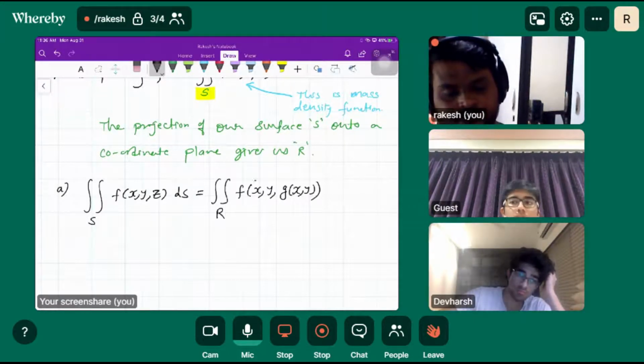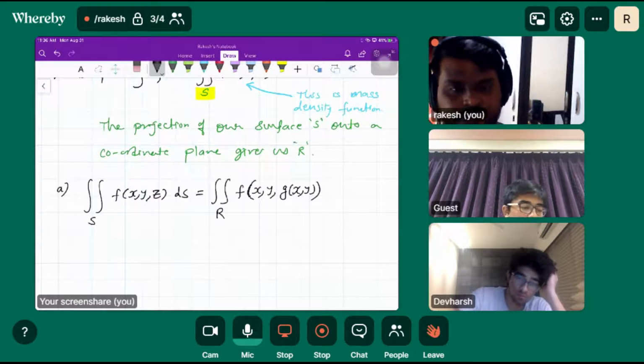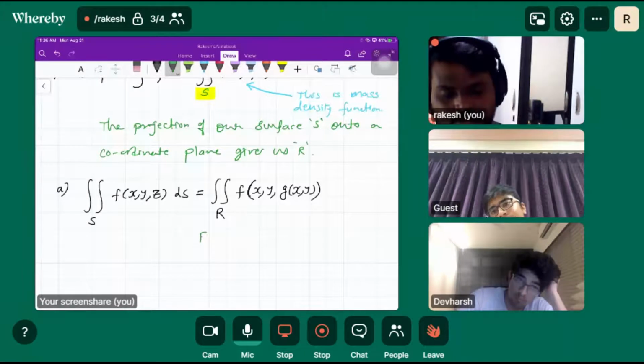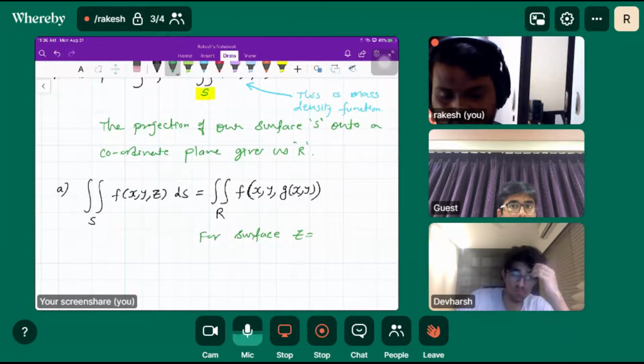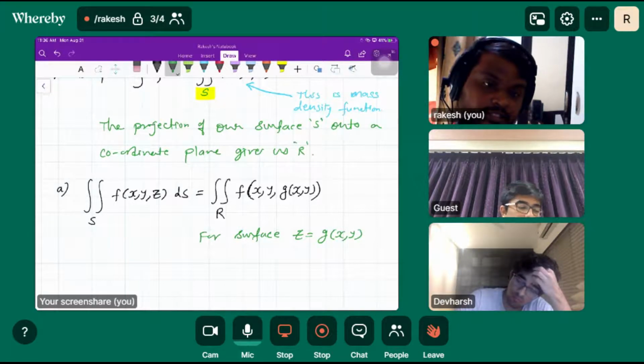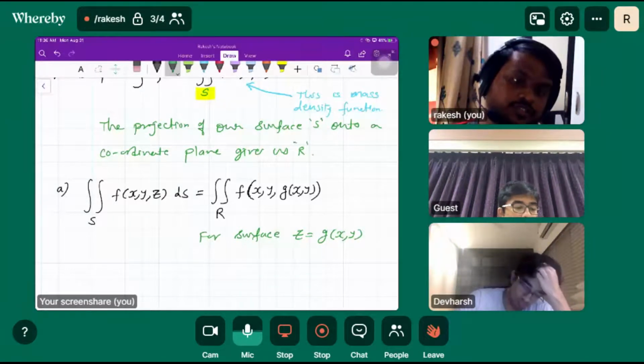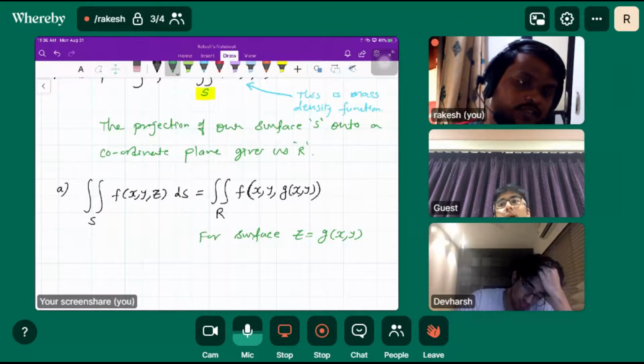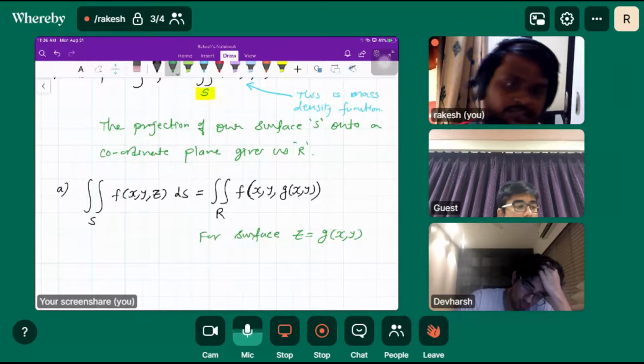Are you getting here? See, I'm taking z simple. So z is equal to g of x comma y. So I'm converting g into x and y form.